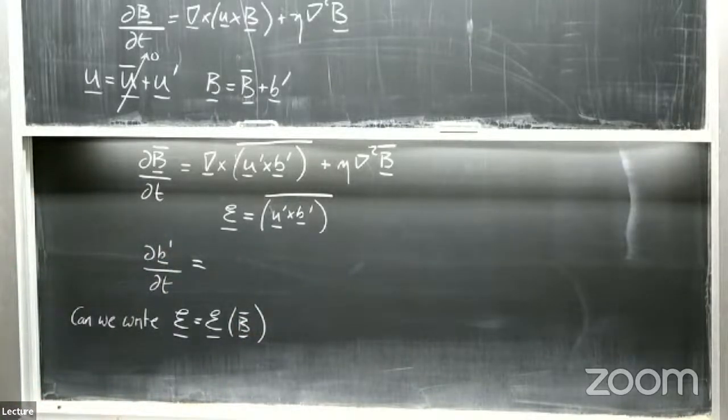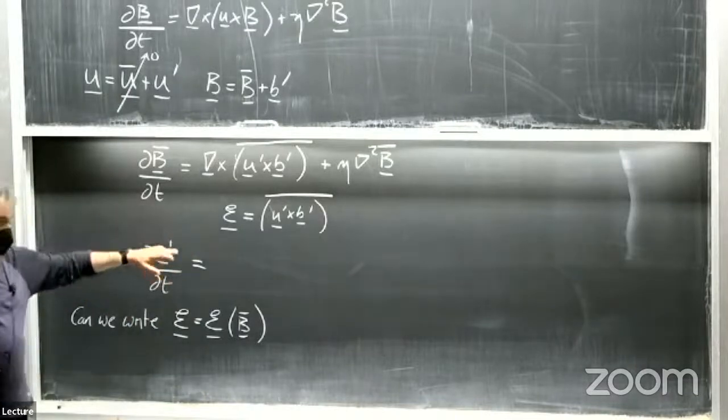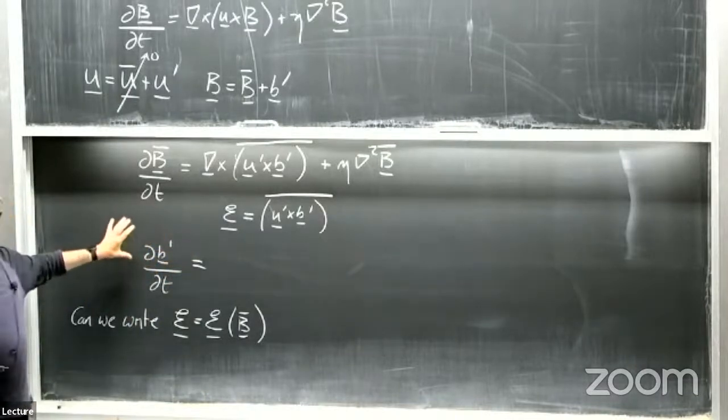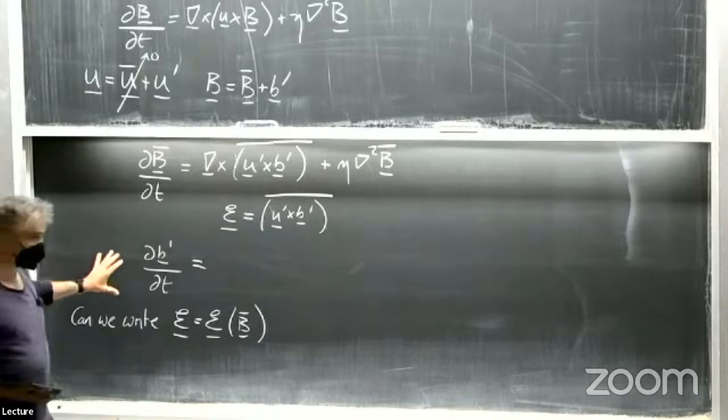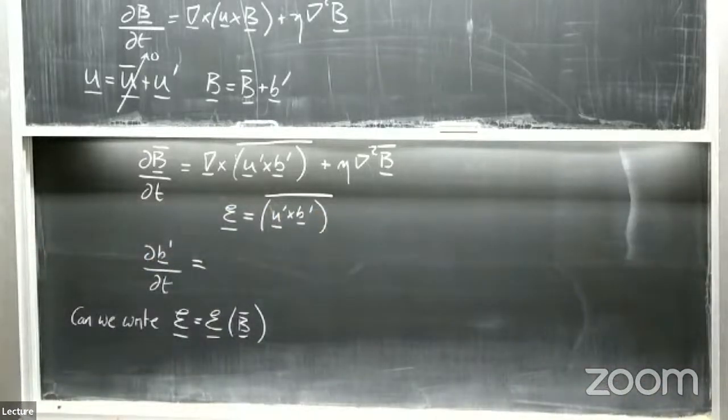And the answer is yes, we can. And this is a special case because formally the fluctuating equation is linear in B bar. So we can just do this by appealing to linearity.